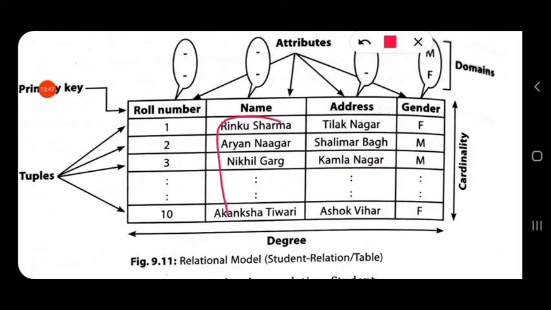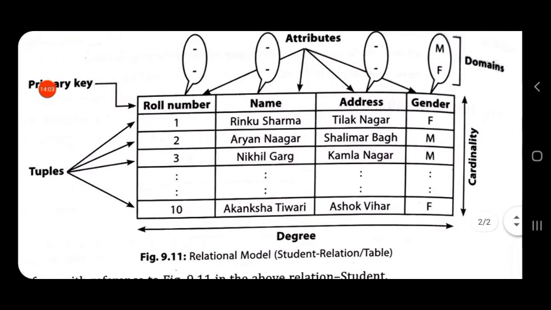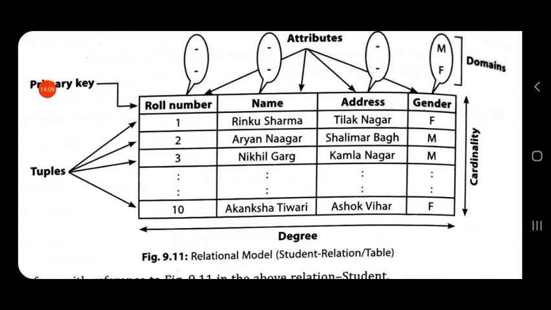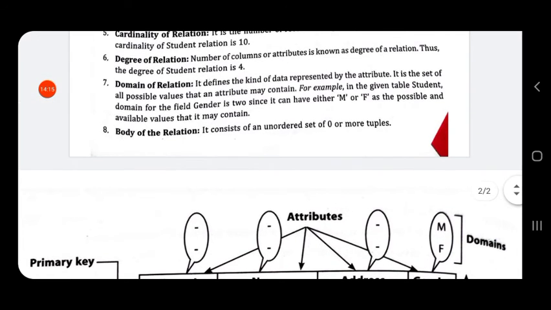For the name, all the strings from A to Z can come. For roll number, only positive integers can come. So that is domain: a collection of data from which our column can contain the value.